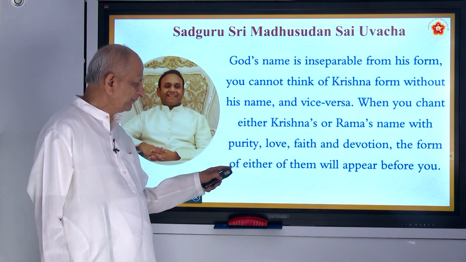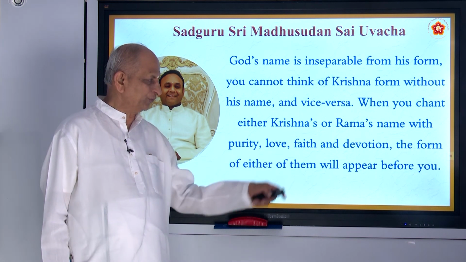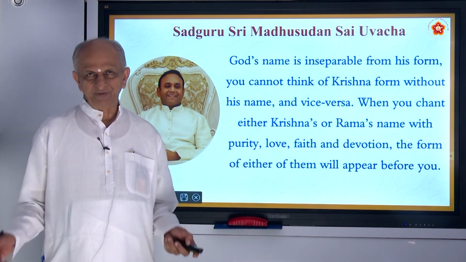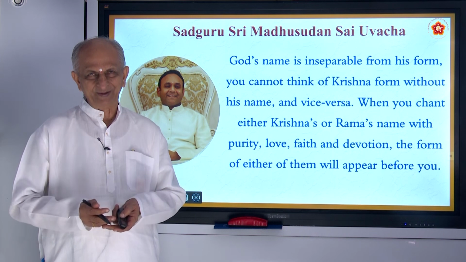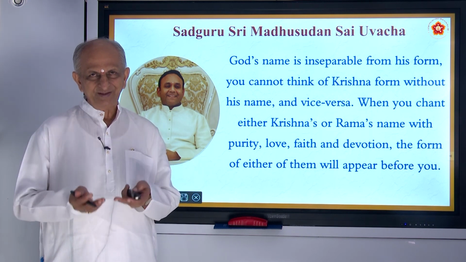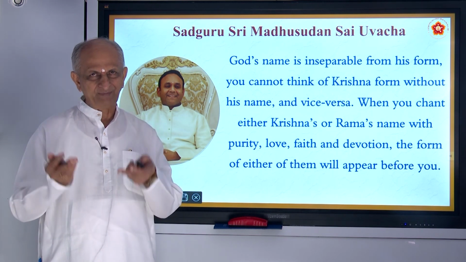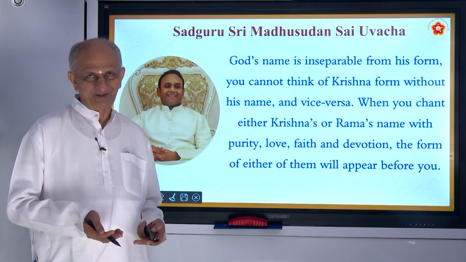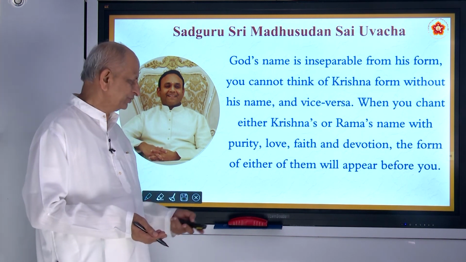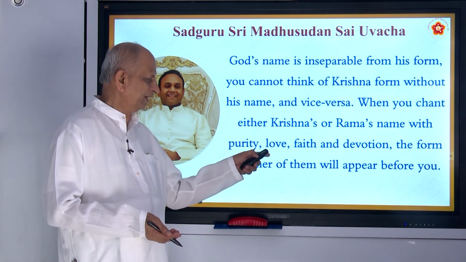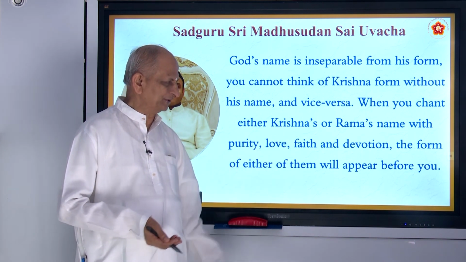So the form of either of them will appear before you. If you call for Rama, Rama will appear. If you call for Krishna, Krishna will appear. If you call for Sai Baba, Sai Baba will appear. But you should have purity, love, faith and devotion.